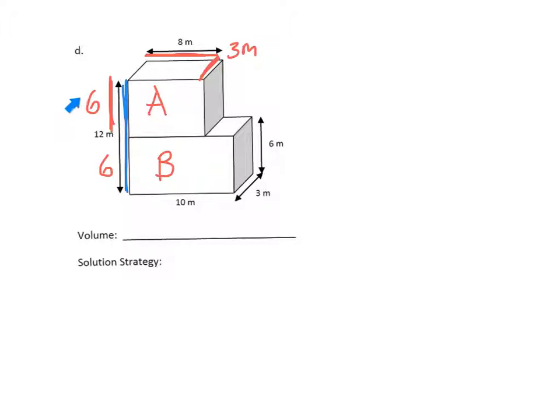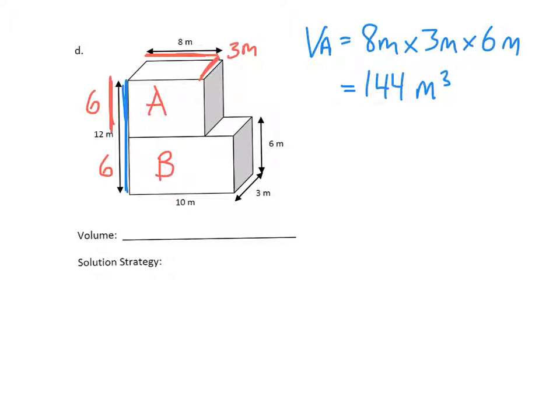If that is 6, this must be exactly 6 to add up to 12. So the volume of my first figure, A, is going to be 8 meters times 3 meters times 6 meters, and that's equal to 144 meters cubed.